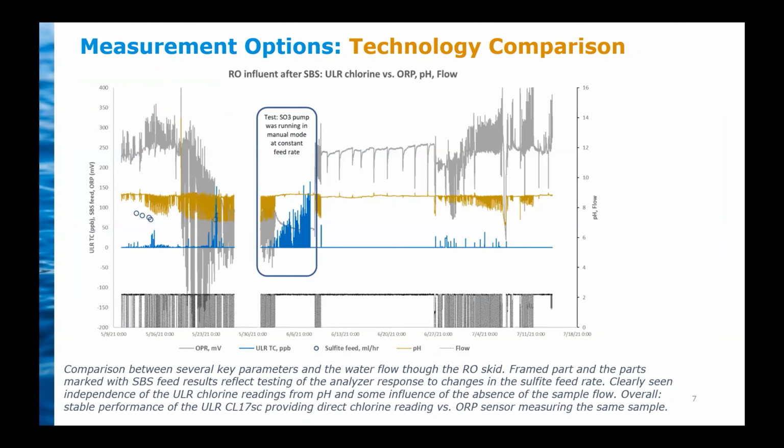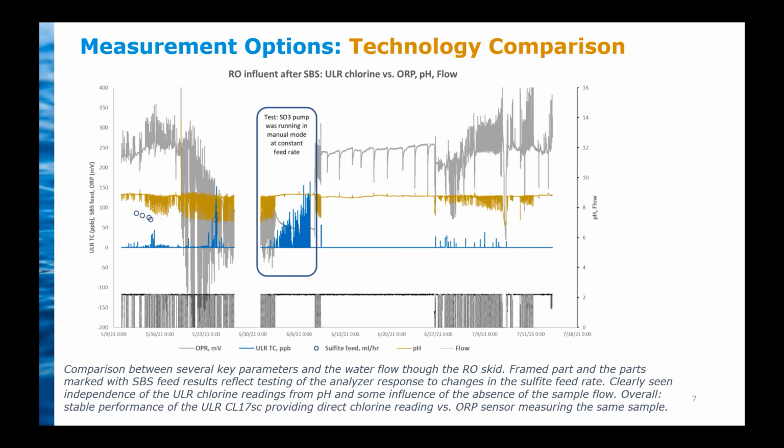Now, here is the result of one of our recent trials we did with measurements on RO feed. A colorimetric sensor in the ultra low range and an ORP sensor were installed, and you can see that the flow and pH were also measured. In the highlighted part, you can see the sulfite dosing was manual and at a constant feed rate.